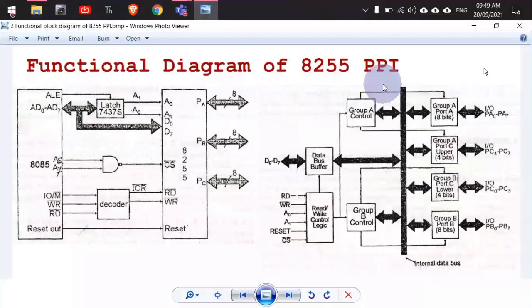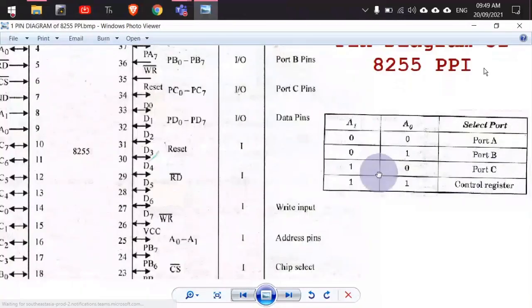So here you have got this data bus. This data bus is connected to this 8255, and you have already seen this table. From this table, you can see that if the address lines are 00, 01, 10, or 11, either ports can be selected or the control word register can be selected.